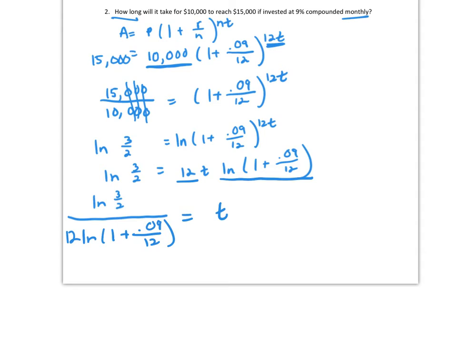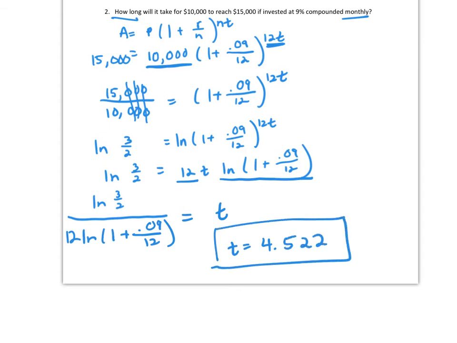I would calculate the denominator first on my calculator, store that value, and then say ln of 3 halves divided by that recall. It gives you 4.522. So it's going to take about 4.5 years for that investment to go from 10,000 to 15,000.